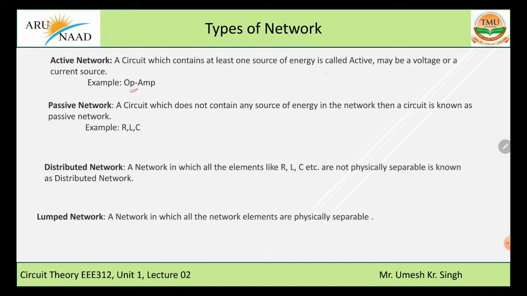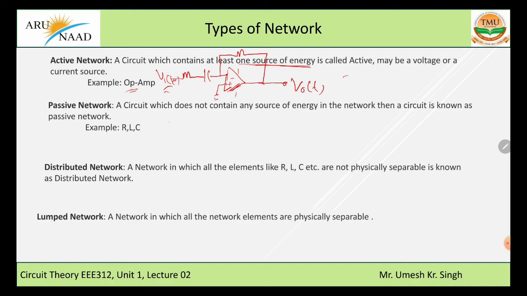Active networks are any network which has at least one source of energy. All the circuits including op-amp, voltage and current sources are examples of active networks. If we consider an example of an active network, this is an op-amp IC 741, and when we have such a connection with input voltage and output voltage, this is an example of an active network.